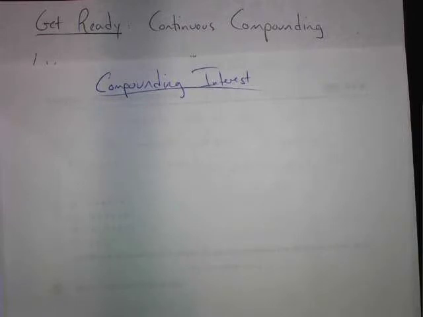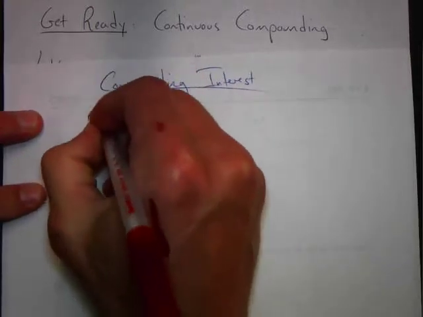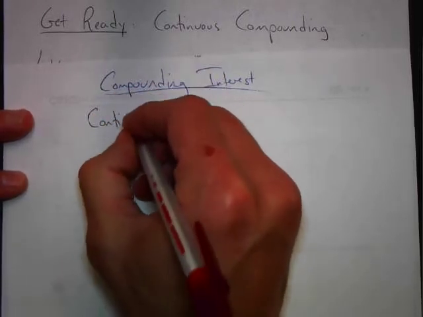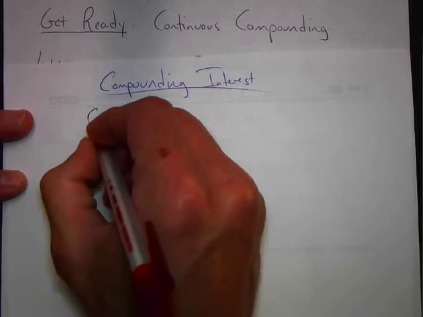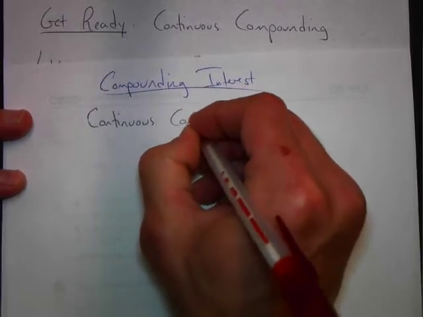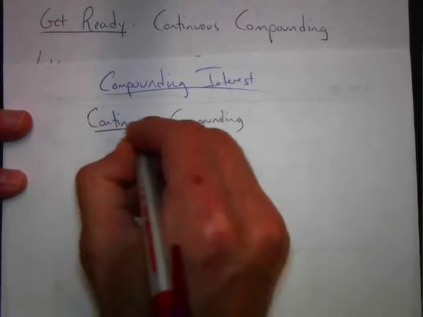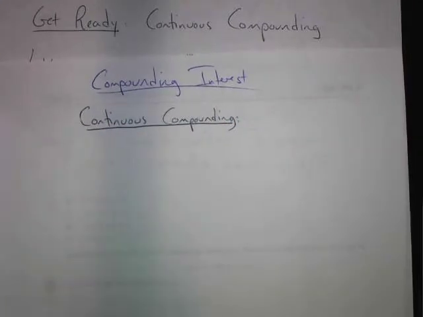Now, if an account were to compound continuously, that means every second, every millisecond, every unit of time imaginable, the interest on an account is compounding.